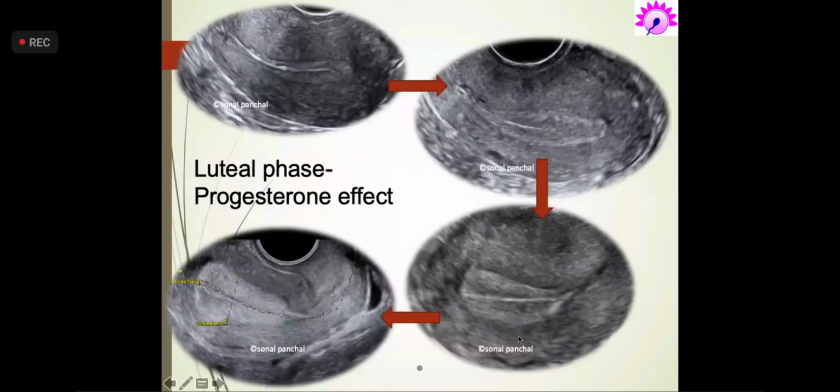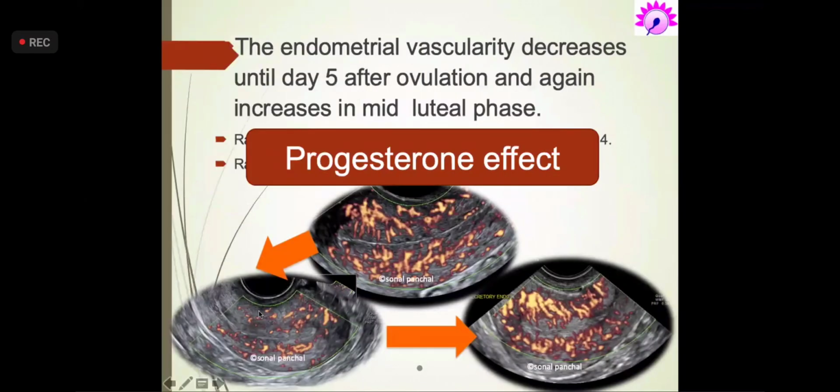And as the progesterone keeps on rising with the progressing luteal phase, the outer margin hyperechogenicity progresses towards the center. It's in the mid-luteal phase that the entire endometrium becomes hyperechoic. I have already discussed, I'll just add once again, the progesterone effect on the vascularity: there's highest vascularity in the pre-ovulatory phase. Early progesterone rise just leads to a decrease in the vascularity and compactness of the endometrium.